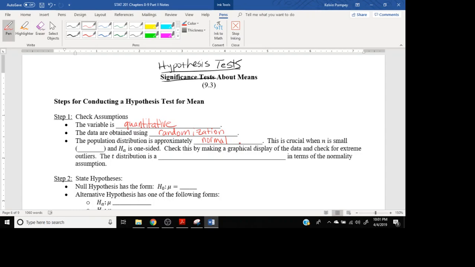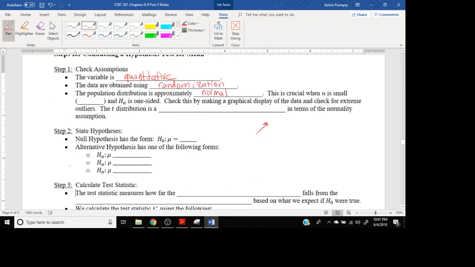So if the population distribution is not approximately normal, but we have a large sample size, and we say large is n greater than or equal to 30, by the CLT we know that our sampling distribution of the sample mean is bell-shaped.